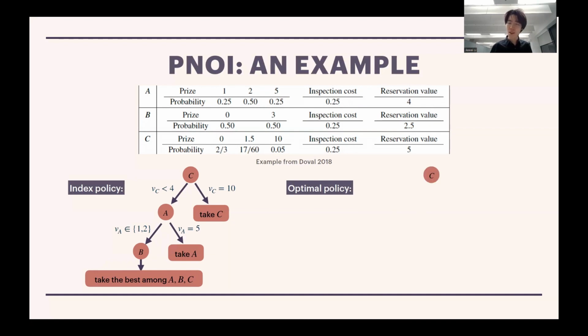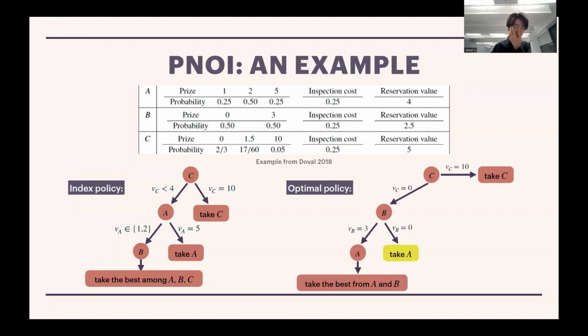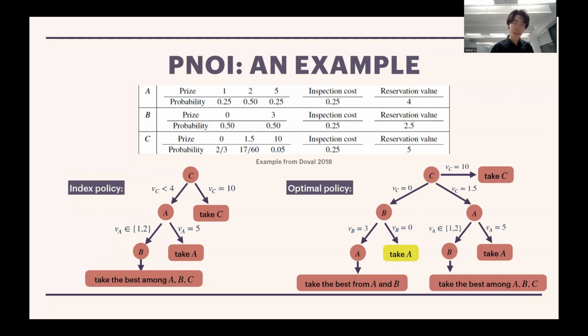So this stopping rule of the index policy is very simple. But here the optimal policy could have a more complicated structure. I won't explain it in detail. You can check this graph and pause and check it makes sense. But one thing I want to mention is there is no fixed order to open these boxes. So the order of opening those boxes can be adapted.